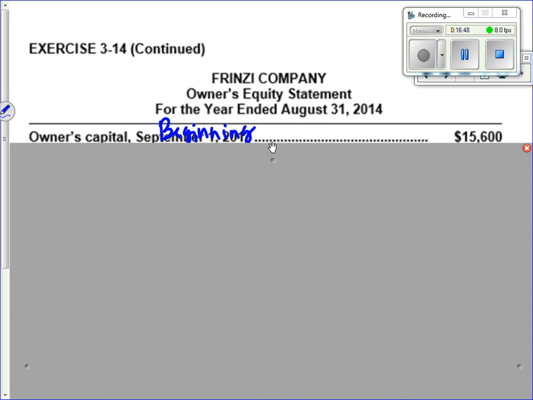Sometimes it's 0 if the company's starting out and has never had an owner's capital balance. You see a few things added if they invest more. Like for example, if that had been 16,600 at the end, but it started at 15,600, that means they invested $1,000 more, but they didn't have any additional investments because it started at 15,600 and it ended at 15,600. So you got to be kind of careful on that one.